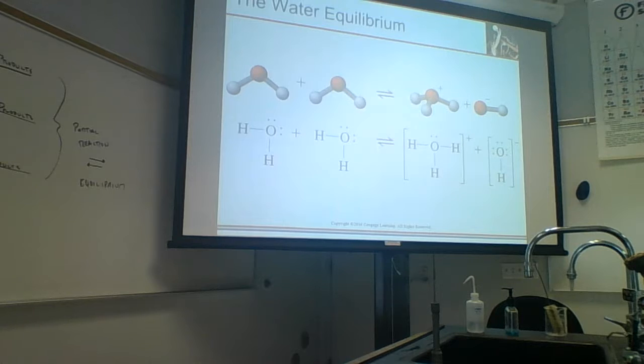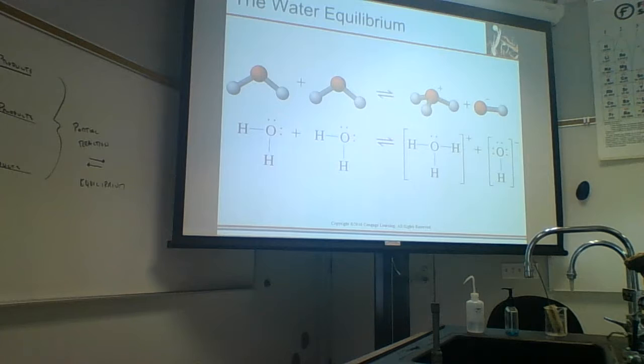Which side is stronger acid, stronger base? What's the stronger acid, water or hydronium? What do you think? All right, well, how about the bases? Which one is a stronger base, water or hydroxide? Yeah, hydroxide is a stronger base.